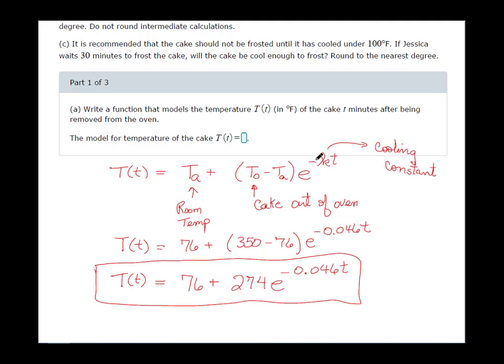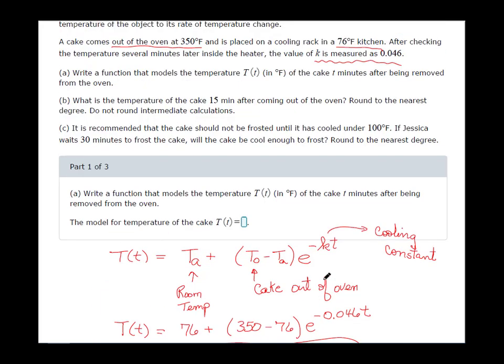This is e to a negative number to make it go down over time. And so in this case, the room temperature was 76, came out of the oven at 350. The difference between those two is 274. And they gave me the cooling constant, 0.046. See right there. K is measured in that number.